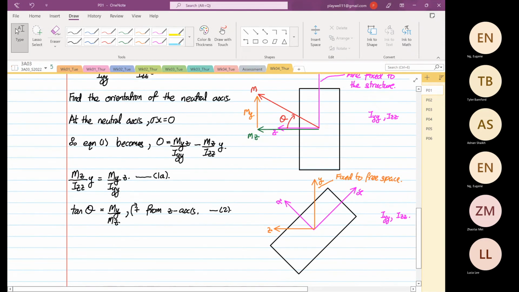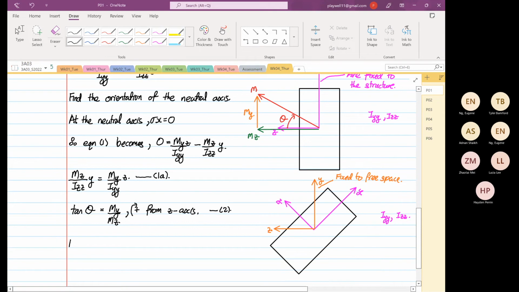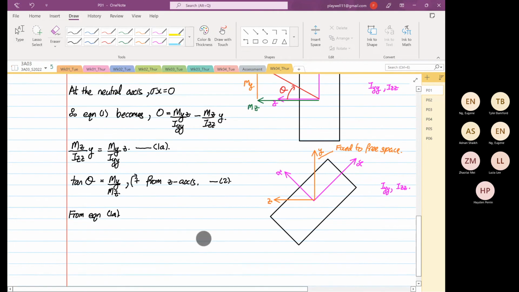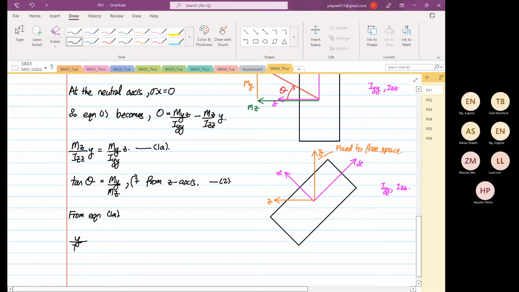Okay, so from equation 1a, if we rearrange the term, y over Izz is equal to My over Mz, z over Iyy. So again, I'll call this our equation 1b.